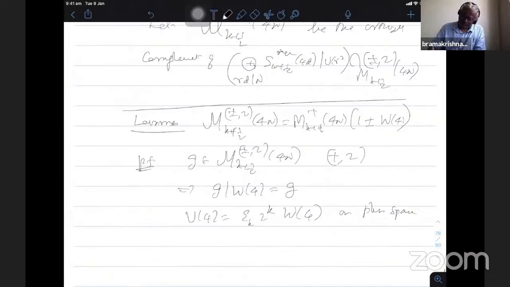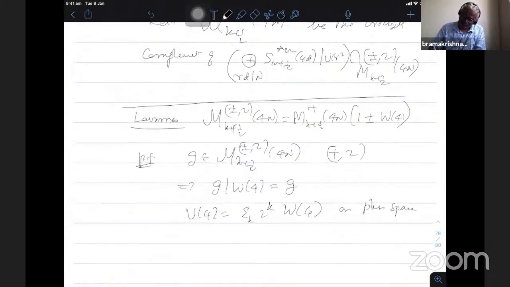So G can be written as G equals F1 plus F2 bar U4, where F1, F2 belong to M_{k+1/2} plus 4N.